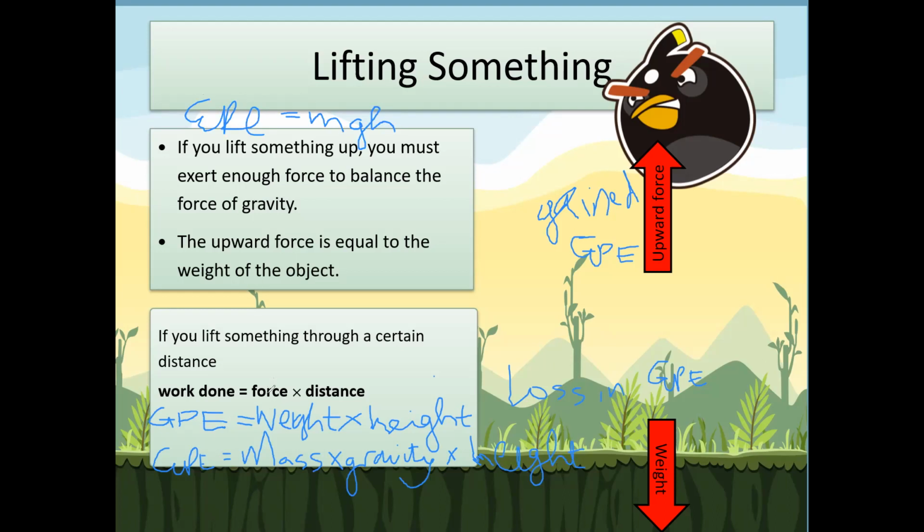So mg is the force, and then the h is the distance. So basically, GPE is a special form of work done. Okay, right. So I hope this is very clear. So we're gonna use that formula later on.